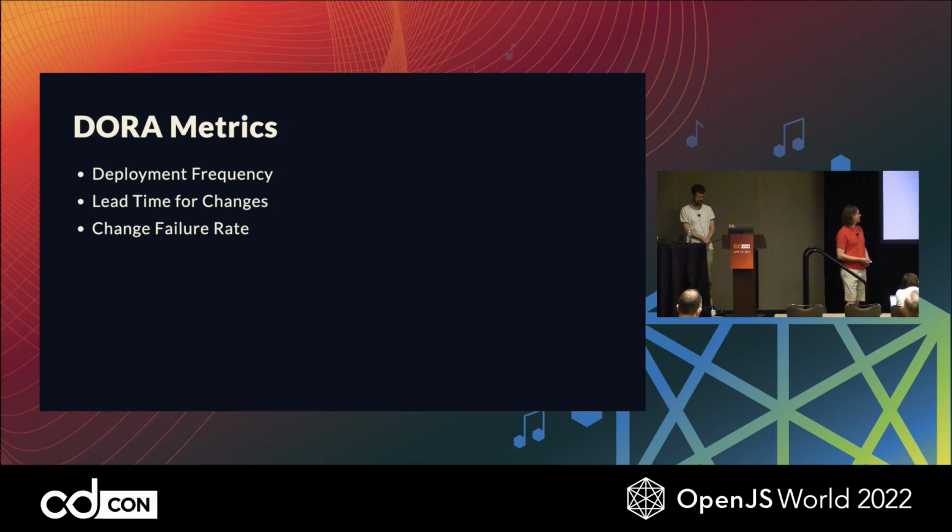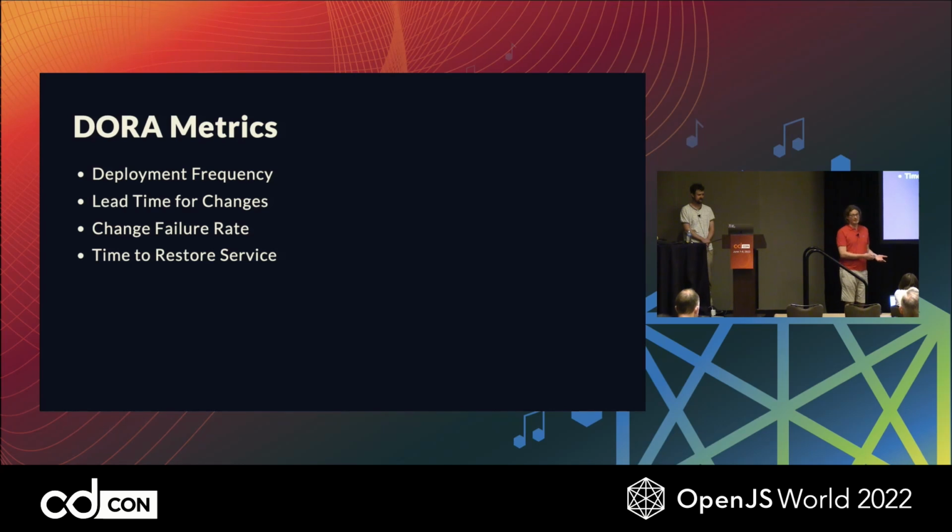Then we have the change failure rate, which tells us how often a change that we perform in the production environment turns out to be causing an issue in our service. And finally, the time to restore service, which tells us how long it takes after a failure to restore the service to normality.